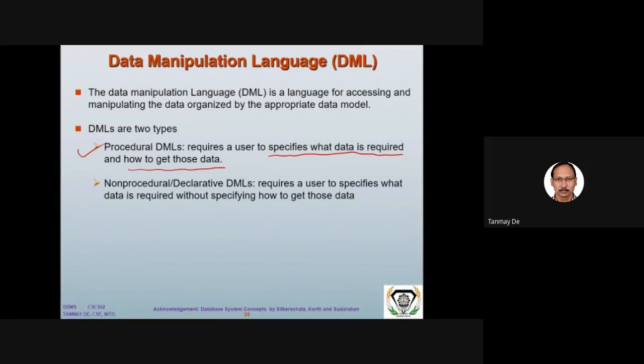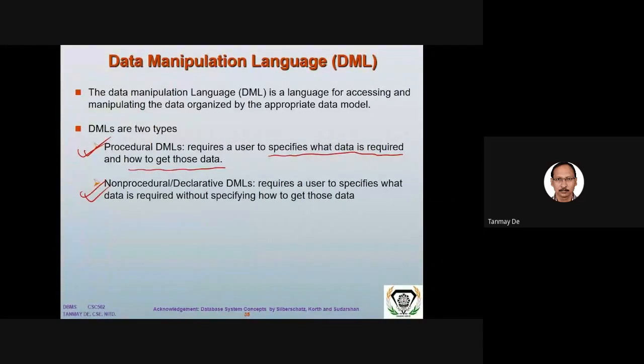That is, you need to specify what data you need and also how to get it. But in case of non-procedural, sometimes called declarative DML, you only need to specify what data is required, without specifying how to get such data.